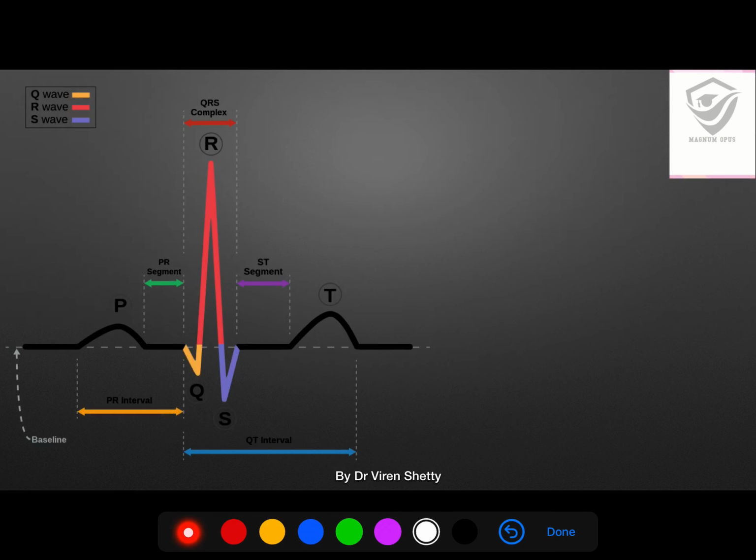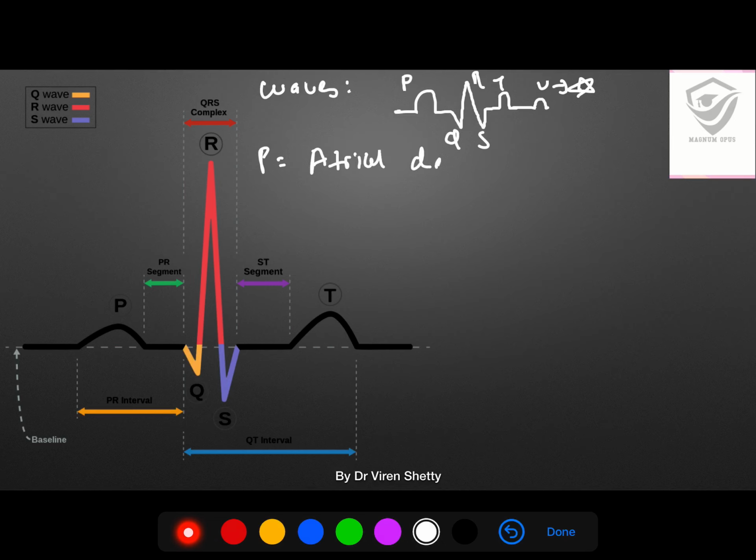Okay. So now we'll try to understand the waves. Normally you have a P wave, Q wave, R, S and then T. And let us draw an extra wave. Sometimes you have U. So you have P, Q, R, S, T and U that is present only sometimes. So what does the P wave signify? It signifies the atrial depolarization. Depolarization means contraction.